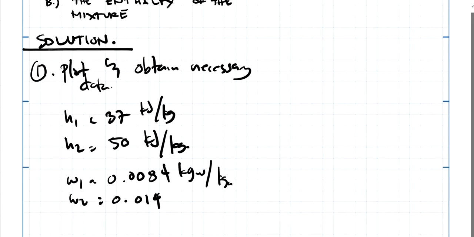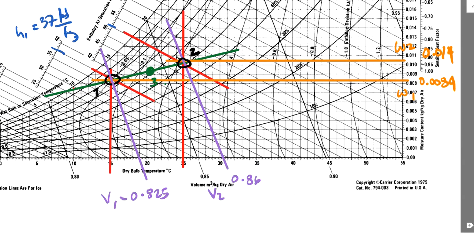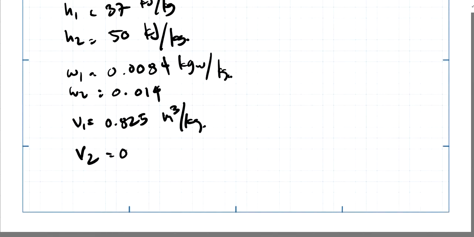So V1 is 0.825 cubic meter per kilogram, and this is 0.86 cubic meter per kilogram.